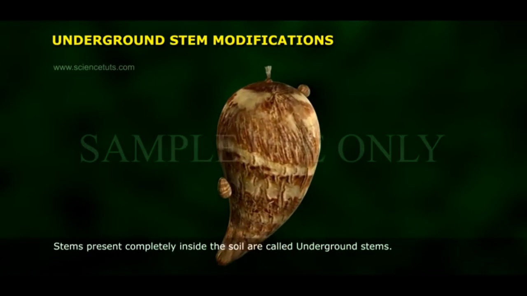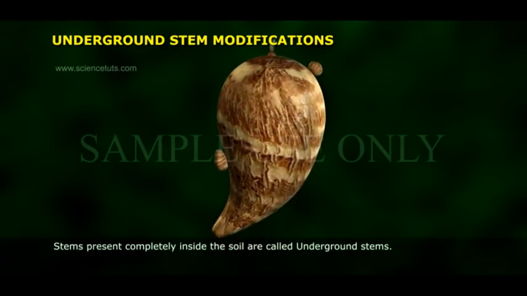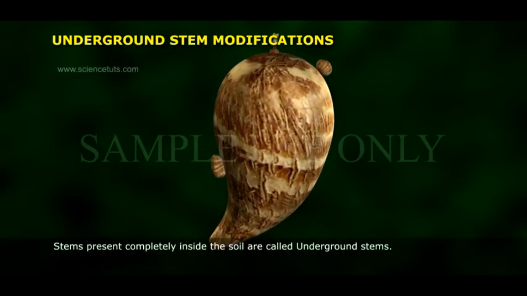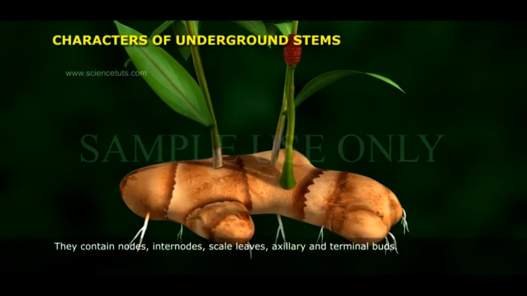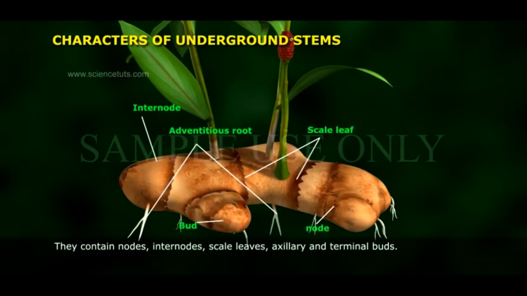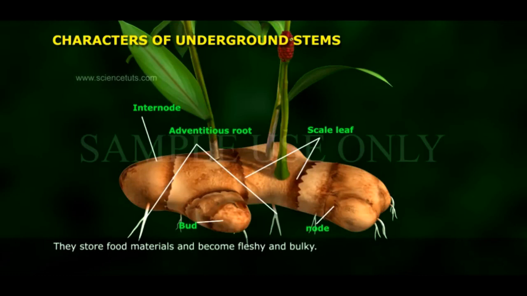Stems present completely inside the soil are called underground stems. Characters of underground stems: they contain nodes, internodes, scale leaves, axillary and terminal buds. They store food materials and become fleshy and bulky.